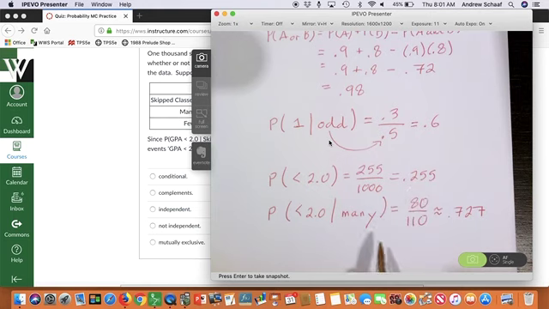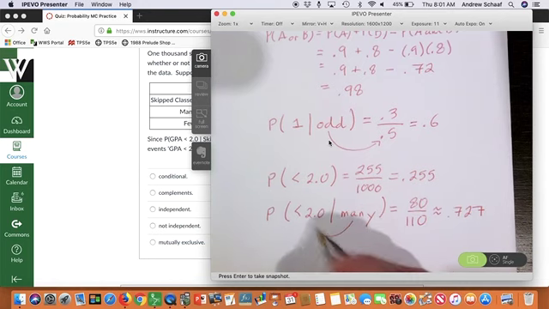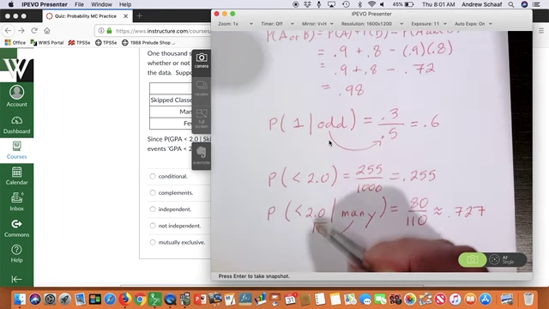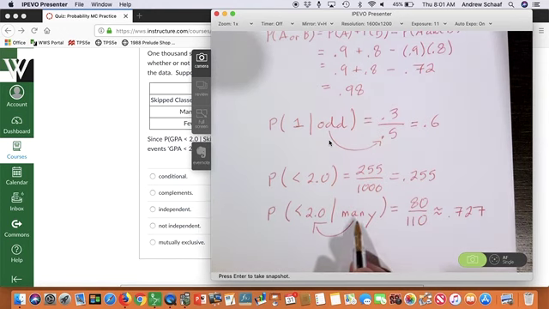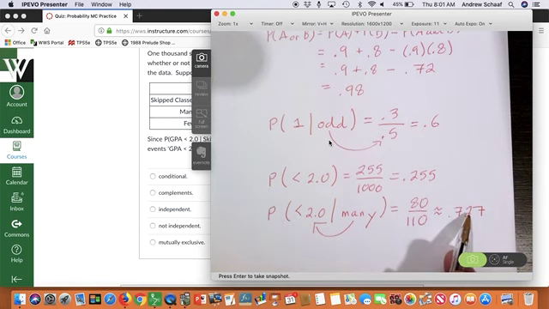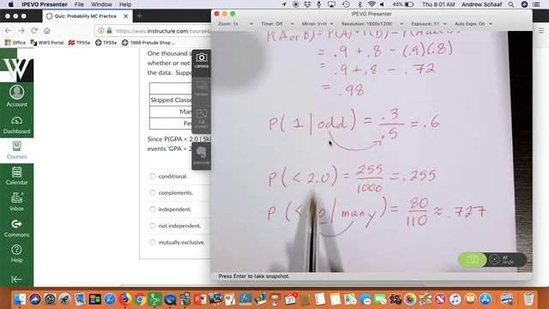So understand the condition that someone has skipped many classes definitely has an impact on the probability of a GPA that's less than 2. Given that a student has skipped many classes, it definitely increases significantly the probability of a GPA that's less than 2. So because there is an effect on the event GPA less than 2, these are not independent events.